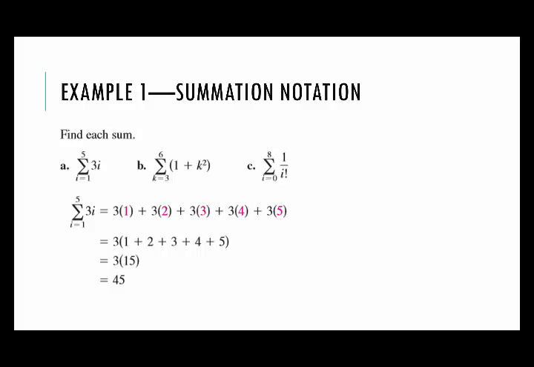So we're starting at i equals 1, and finding the summation of 3i for the first 5 terms. So 3 times 1 plus 3 times 2 plus 3 times 3 plus 3 times 4 plus 3 times 5, which gives you 45. You would add those up. That's what you're doing with the summation: you find the number of terms it tells you to find, and then you add them.